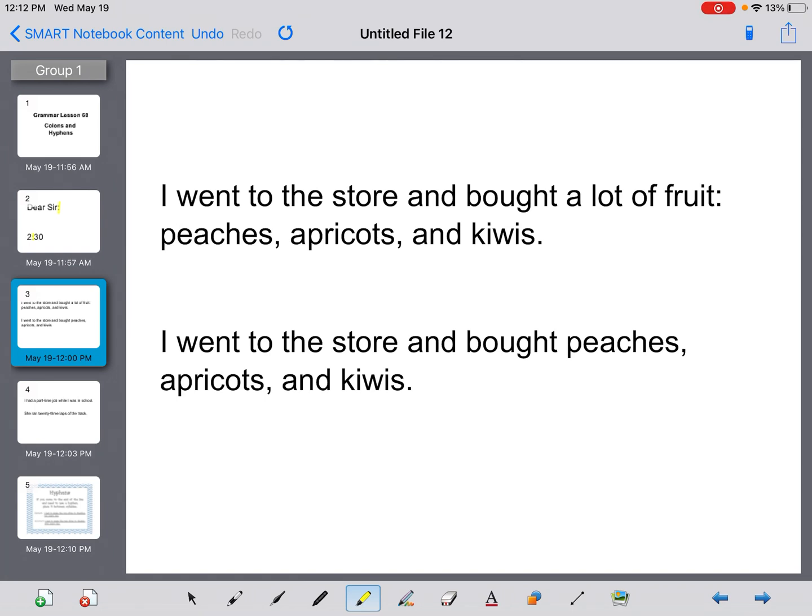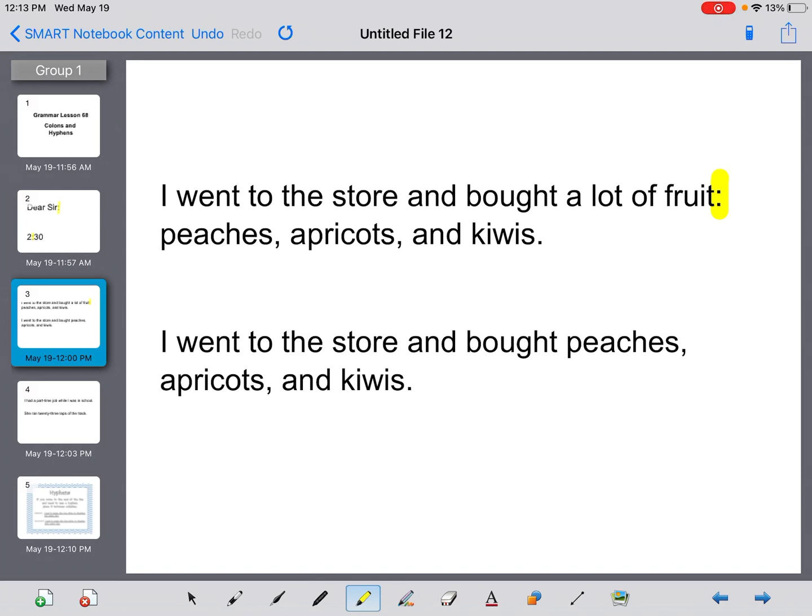In my first example here, I say, "I went to the store and bought a lot of fruit: peaches, apricots, and kiwis." In this case, we use a colon to introduce the list of items, which is fruit in this sentence. But you'll notice I have a second example here of listing the same fruit and very similar information, but just slightly grammatically different.